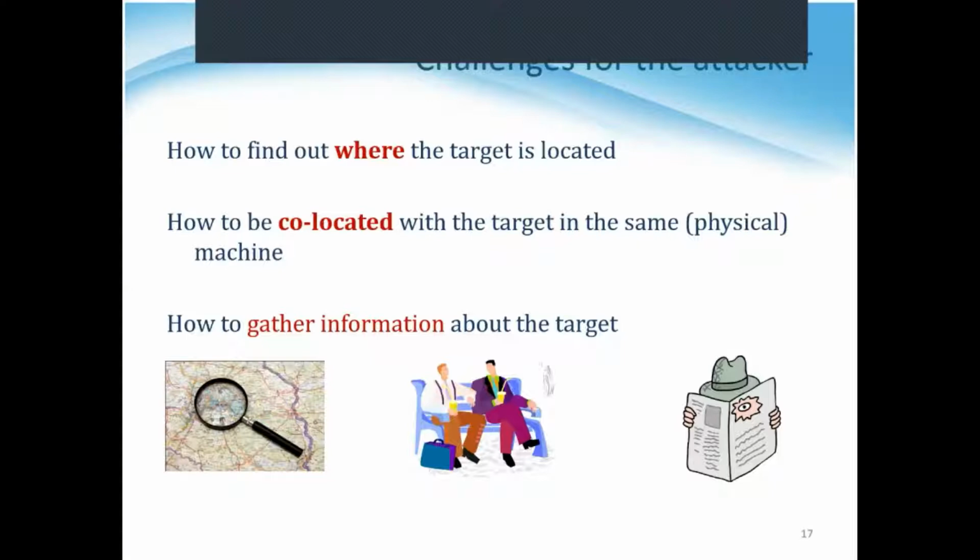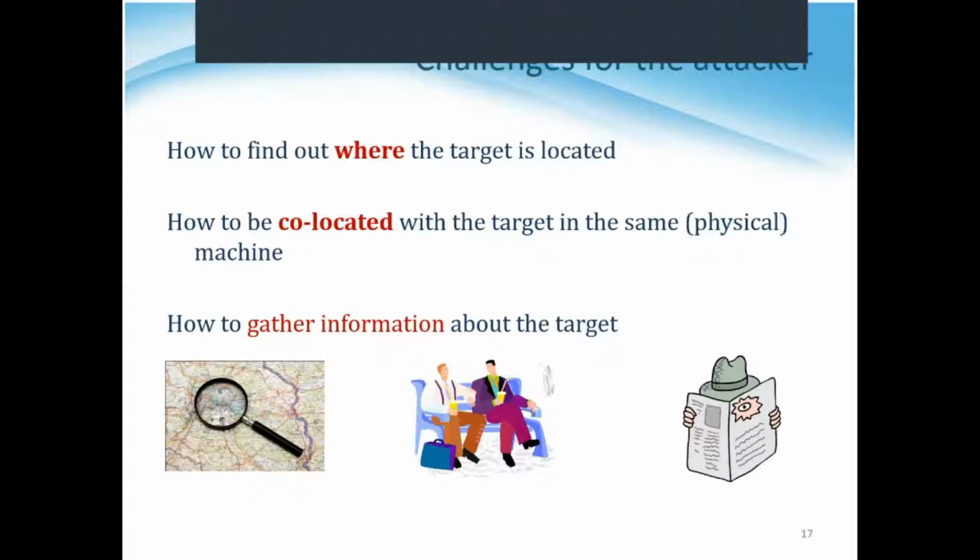And how to gather more information about the target? Suppose I am the target, or you may be the target. He will try to collect more information: what is the IP address, what is his name, where is the location, what is the password, and what is the domain DNS server name. Everything he will collect, and he may try to easily track your computer.